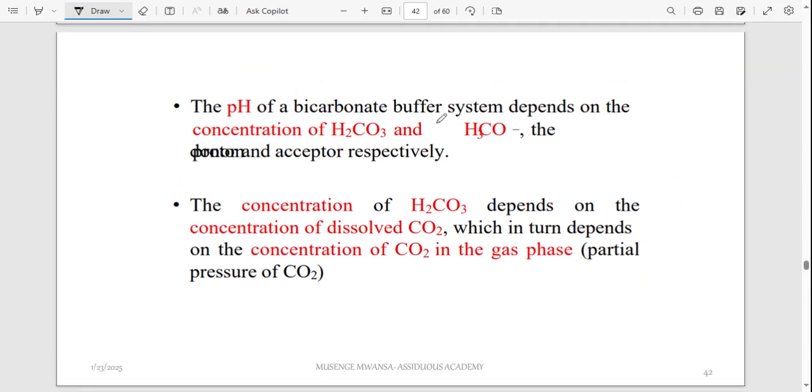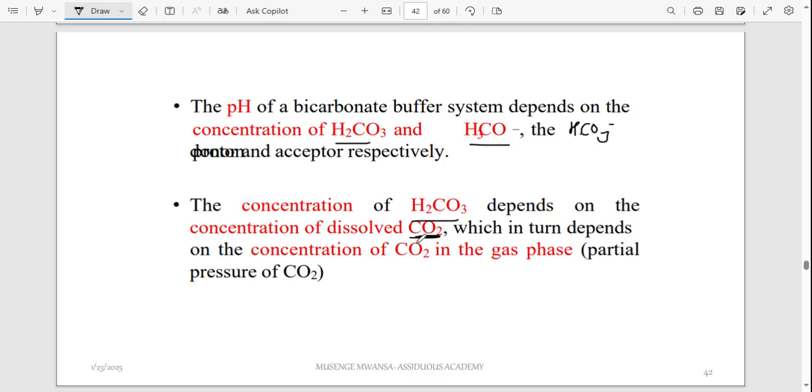The pH of a bicarbonate buffer system depends on the concentration of the carbonic acid and the bicarbonate, which is HCO3 minus. And the concentration of carbonic acid depends on the concentration of dissolved carbon dioxide.